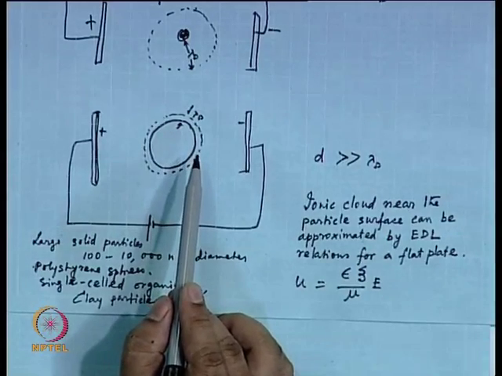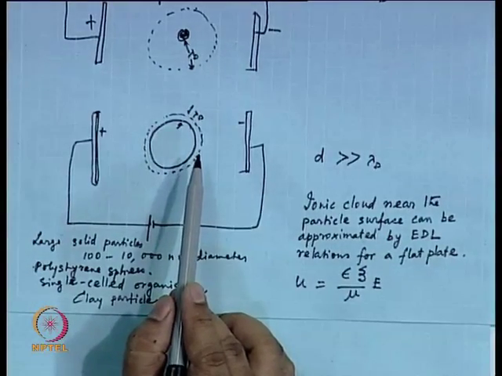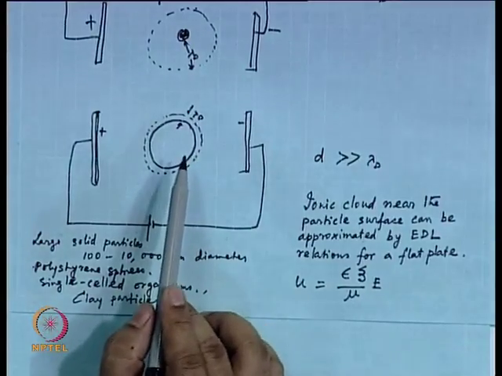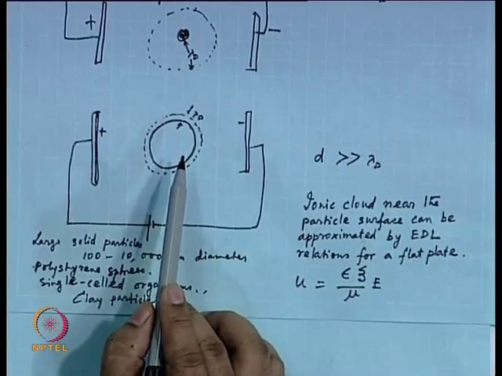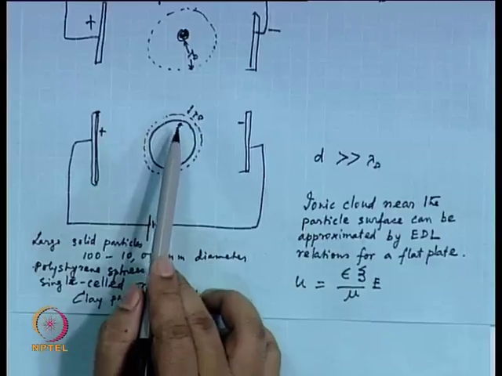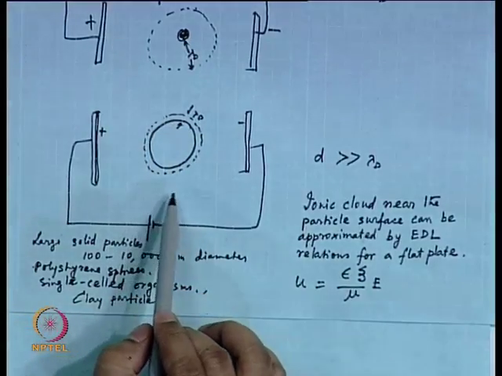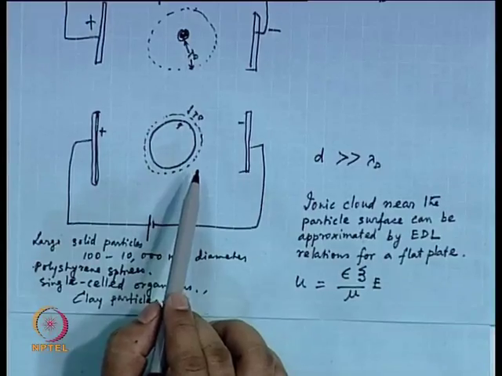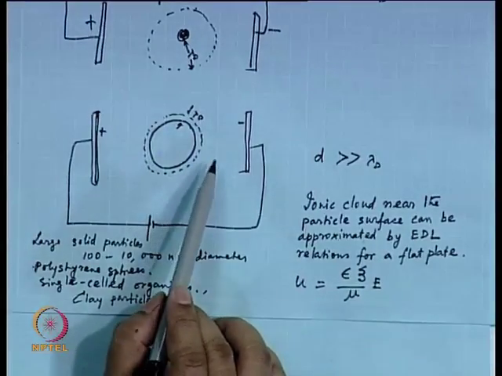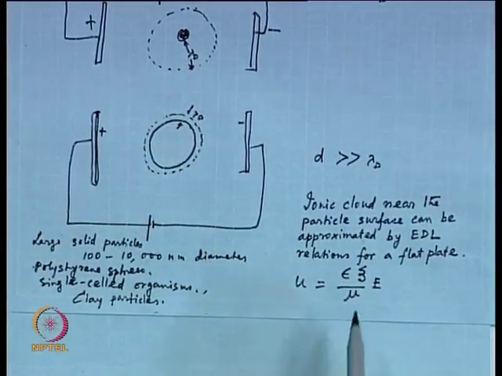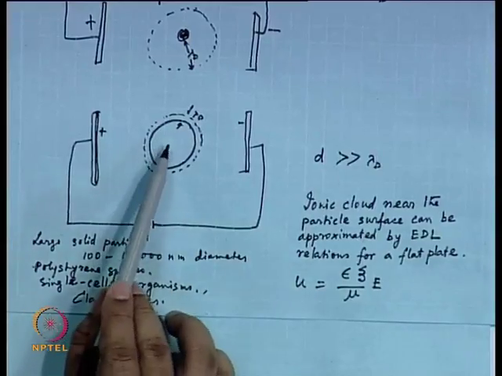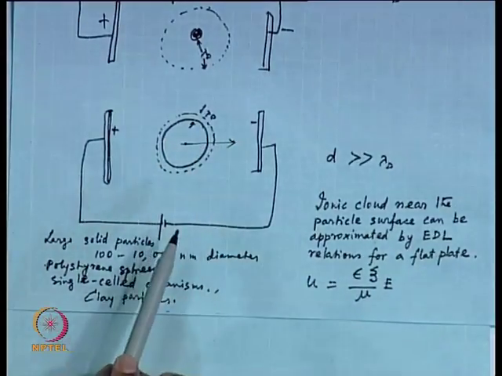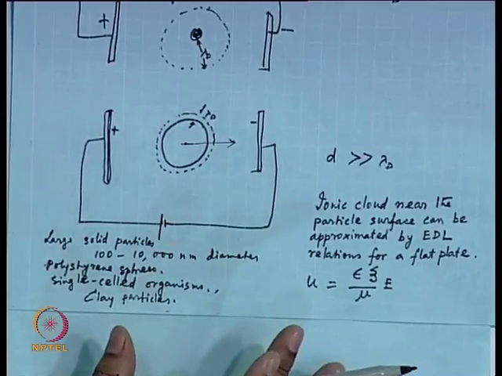That is what the argument here is, that the particle is too large. So, the double layer that is formed around the particle, what would be the velocity of that particle? That would be governed by this electroosmotic velocity, and that is what would be governing the motion of this particle. That is how the treatment would be.